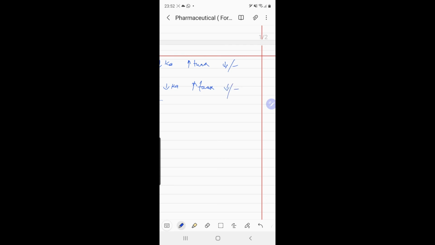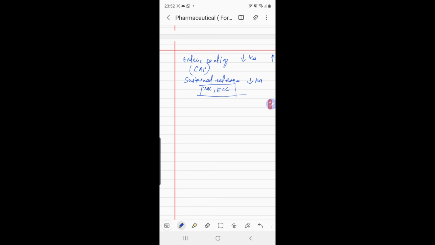Then there may be other examples, like the waxy substances used for sustained release, like castor wax and carbowax.